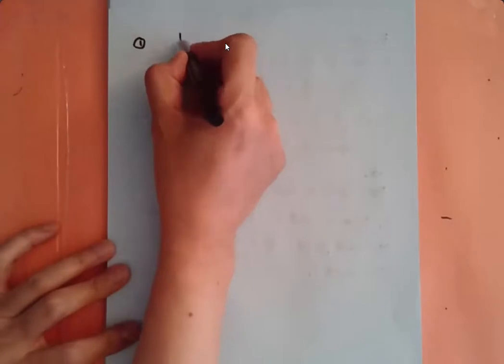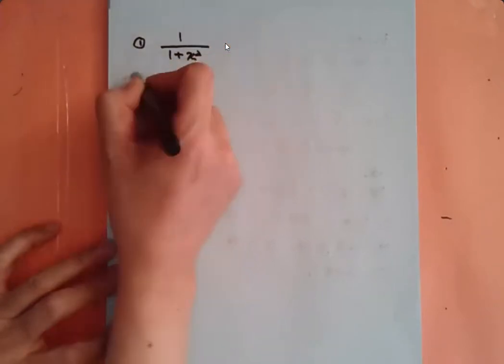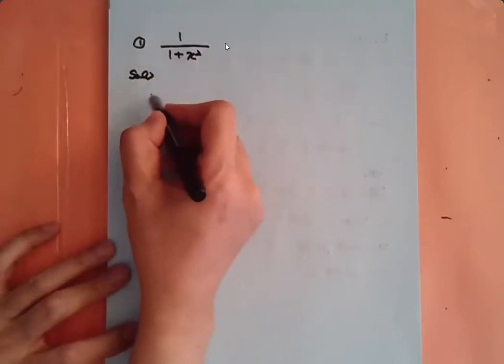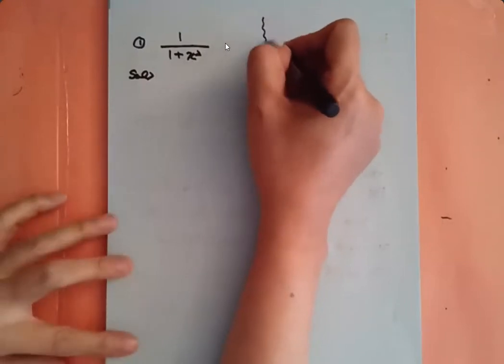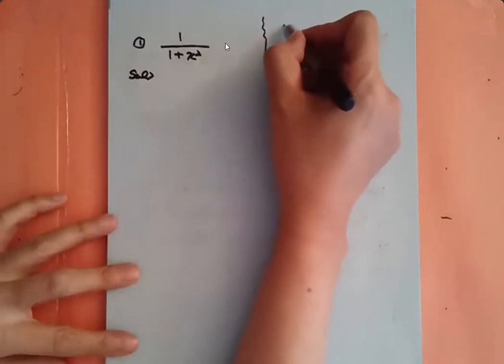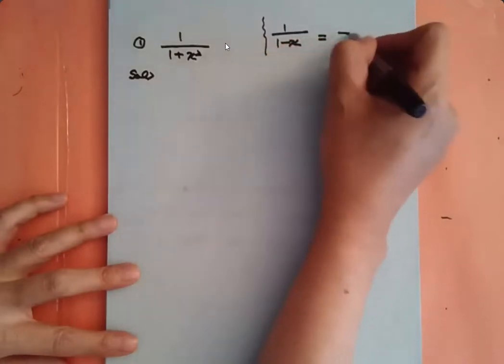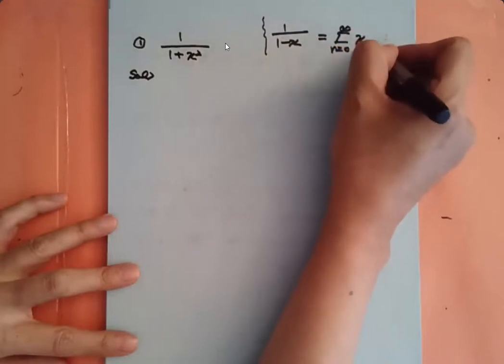The first problem is 1 over 1 plus x squared. What I ask you to remember is 1 over 1 minus x equals summation n equals 0 to infinity of x to the n power.